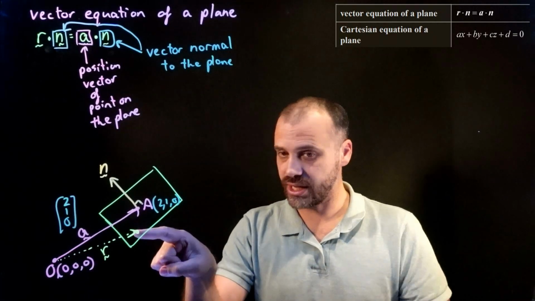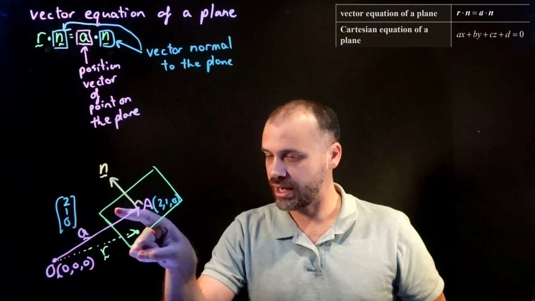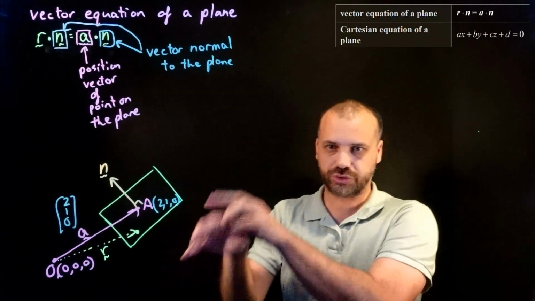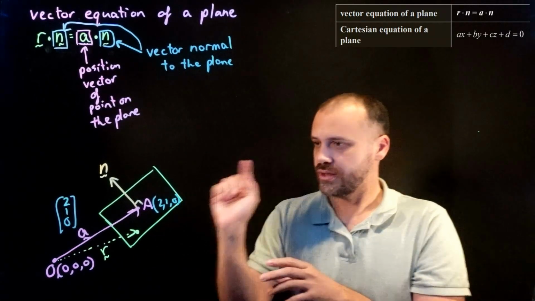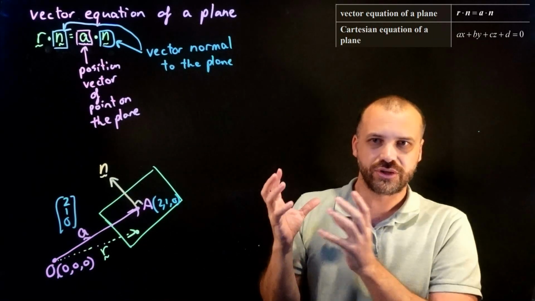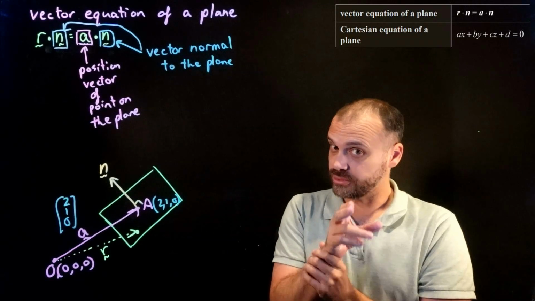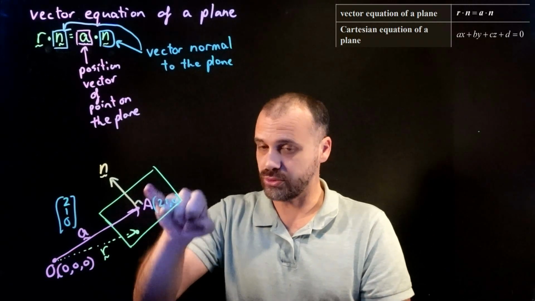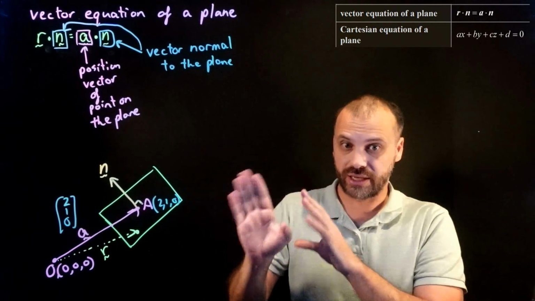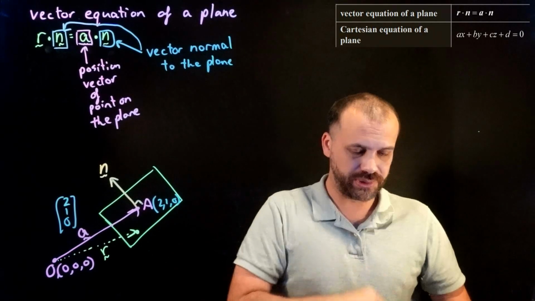This is R here, but so would R be here, and here, and here, a bajillion infinity vectors from the origin hitting the plane. So R is going to be a variable vector, because it's all of these vectors. It represents every single vector that goes from the origin to the plane.